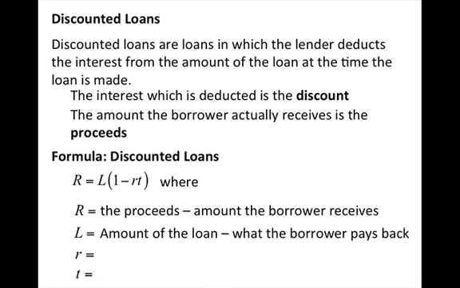So you need to know the term proceeds, and you need to know what R and L represent in the formula. R, the proceeds, is the amount that the borrower actually receives. L is the loan amount, and that's what the borrower actually pays back. And like the previous formulas, r is the interest rate, and t is the time in years.